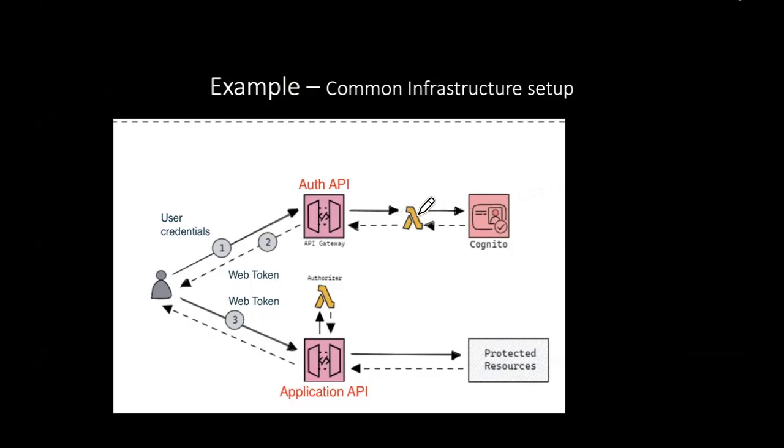My Lambda puts that token into a cookie and returns it back to the web API, which returns it back to the client. Also, as you saw, the Lambda puts the JWT token into the actual response body, which wasn't really necessary, I suppose, but there you go. So that was the flow.